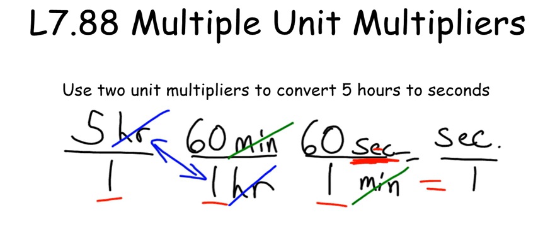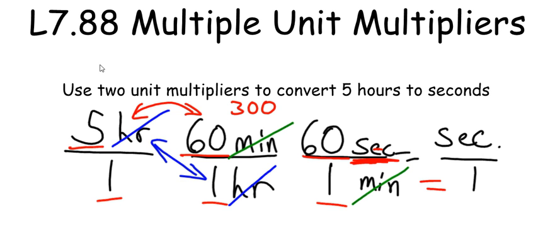And that's what I'm going to get in the end. So now I just got to take my numbers, my 5, my 60, and my 60, and multiply those numbers together. Now of course I know that 5 times 60, if I put those two together, gives me an answer of 300.